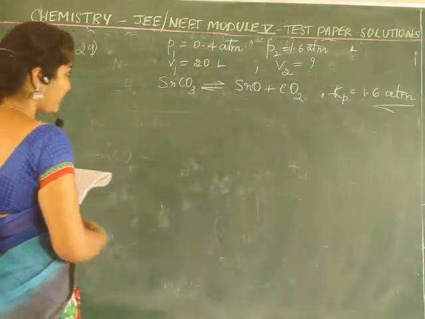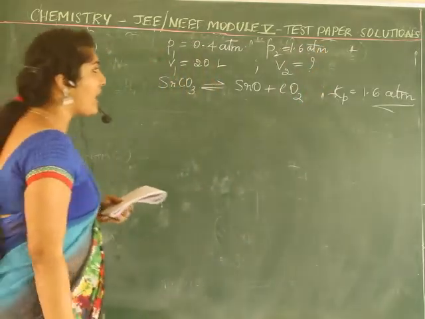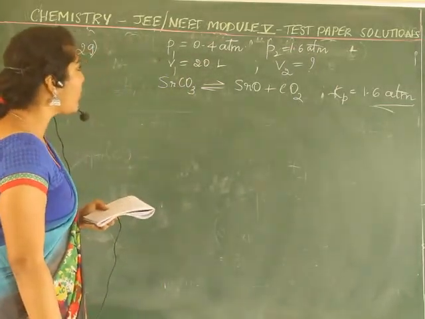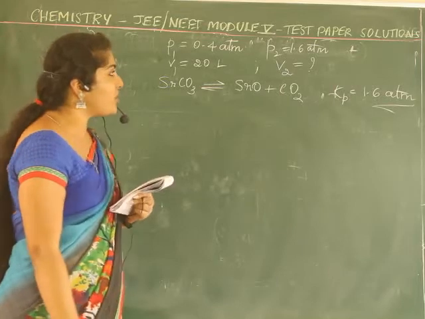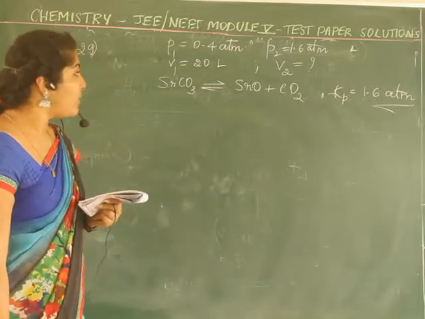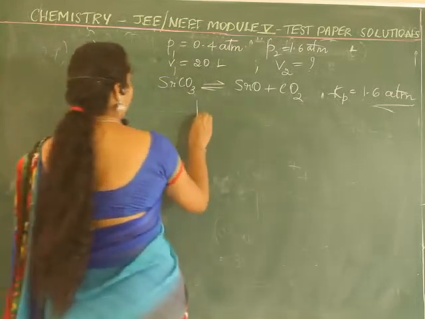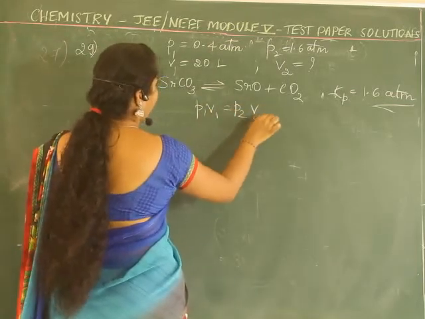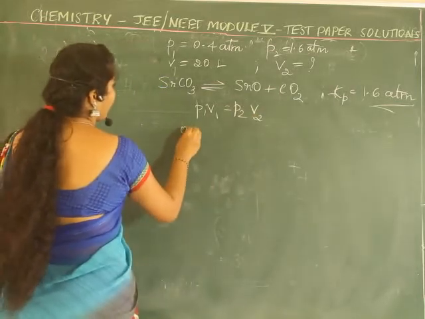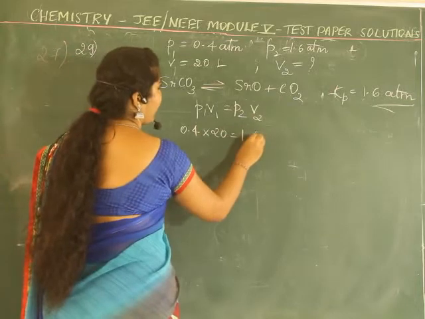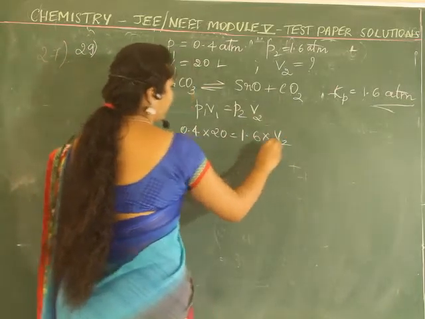Now you can apply a simple formula, P1 V1 equals P2 V2, since we know the initial pressure, initial volume and final pressure. We have to calculate V2. So 0.4 into 20 is equal to 1.6 into V2.